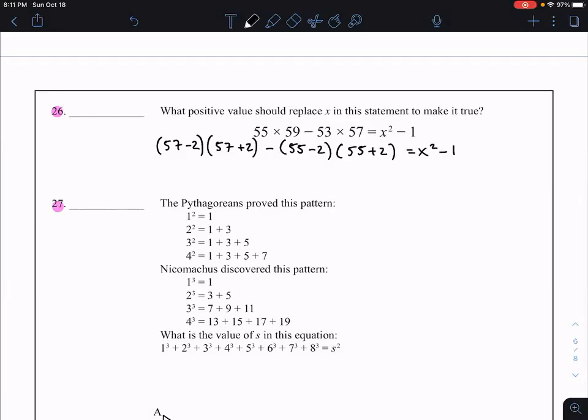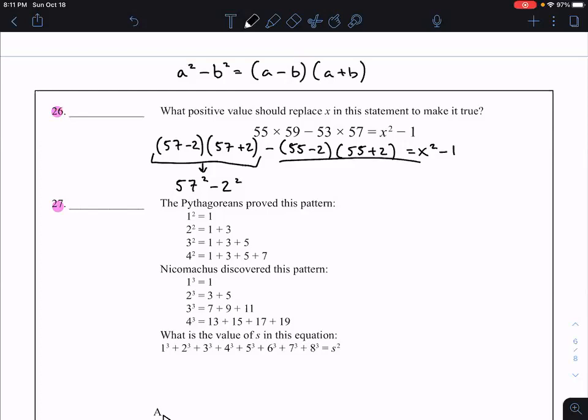Now you can simplify this a bit, since this thing is just equal to 57 squared minus 2 squared. As you recall, we're going to be using this little formula to help.